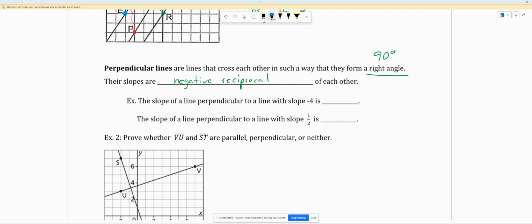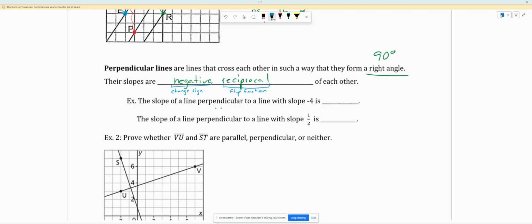Well, negative just means change the sign of the slope, and reciprocal just means flip the fraction. Negative reciprocal: change the sign and flip the fraction.